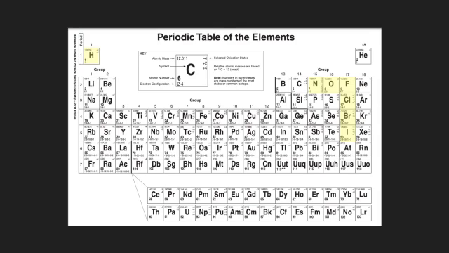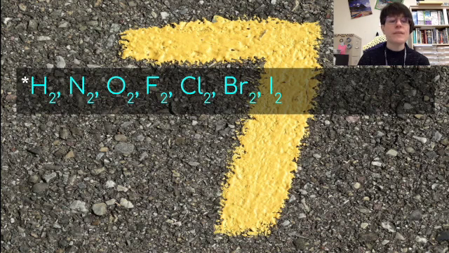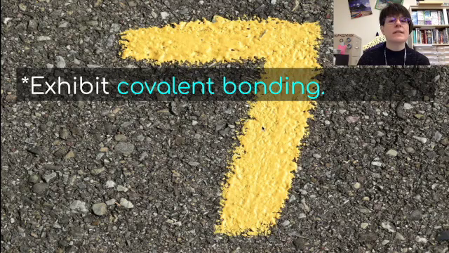And so it's nitrogen, oxygen, fluorine, chlorine, bromine, and iodine. So those elements are hydrogen, nitrogen, oxygen, fluorine, chlorine, bromine, and iodine, and all of these exhibit covalent bonding.